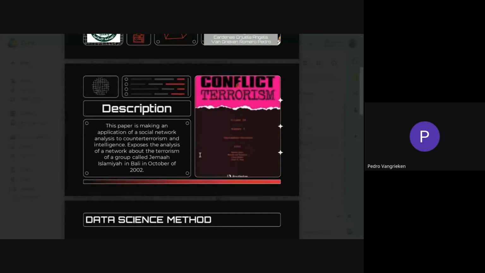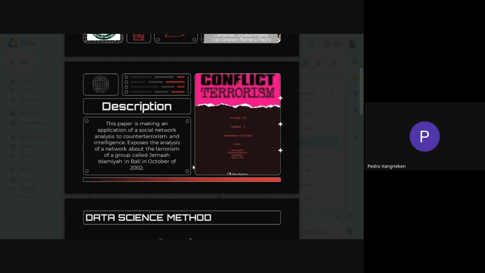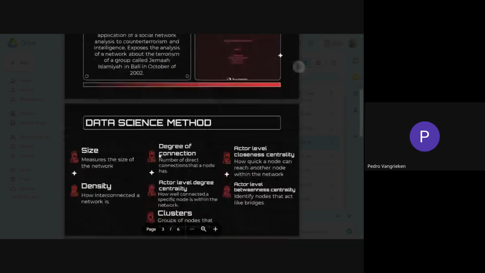And it helps to predict behaviors and make decisions using the network, and try to understand how these groups work, the most important players in the network, and pretty much predict their behavior. Next slide, please.